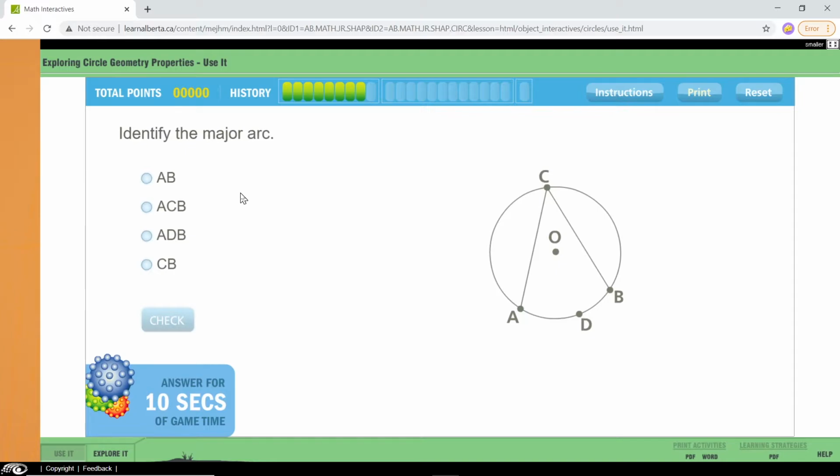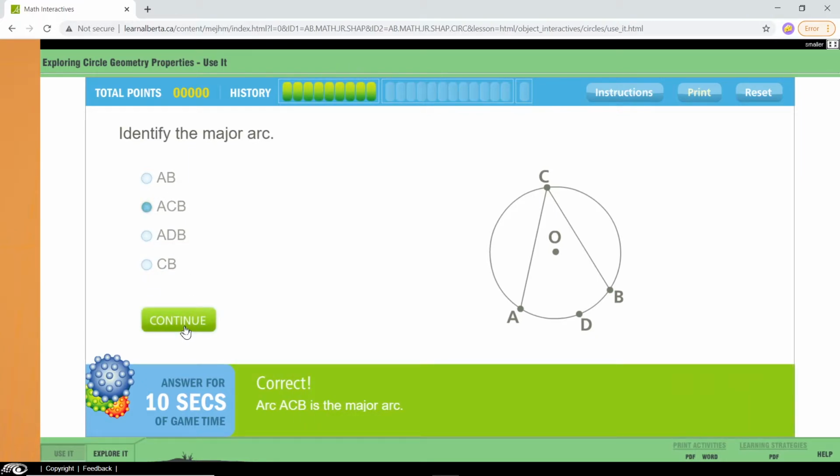Identify the major arc, which is the biggest arc. So the arc is ACB. Okay, let's continue.